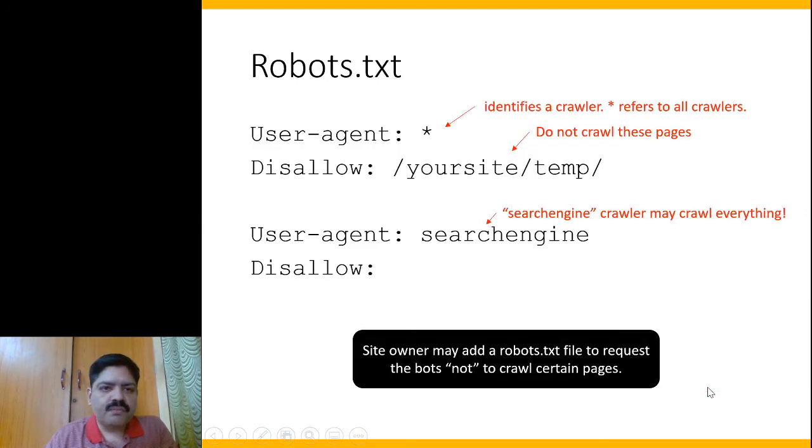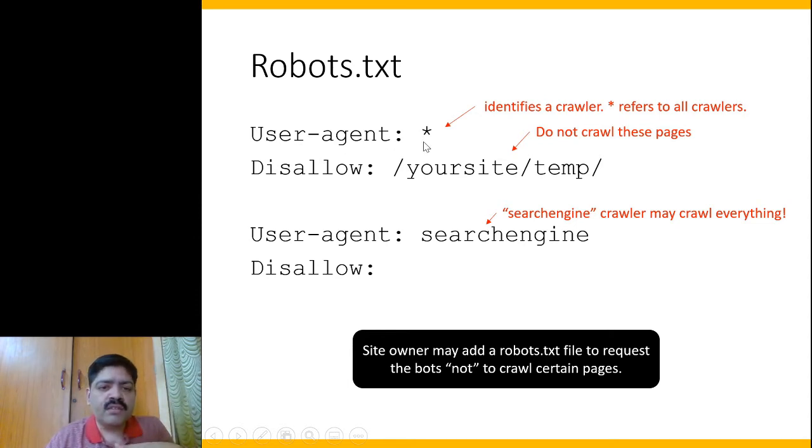Let's move on. We also have the robots.txt file. Usually this is also placed on the root of the website. So let's say icicibank.com/robots.txt should let you see this file. And on this file, they mention the user agents, which are the crawlers' names.